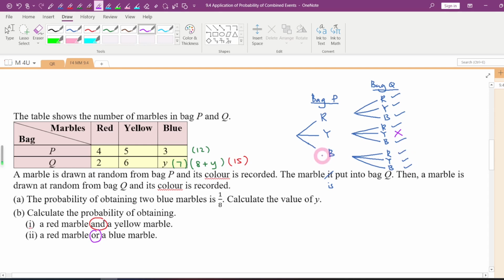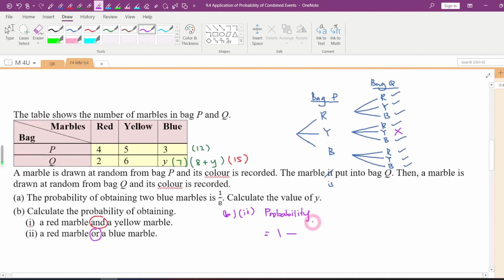I'll be using 1 minus the probability of getting yellow, yellow. It will be easier. So for B2, one minus this one, because this is the only combination that we don't want. All other combinations can be accepted.